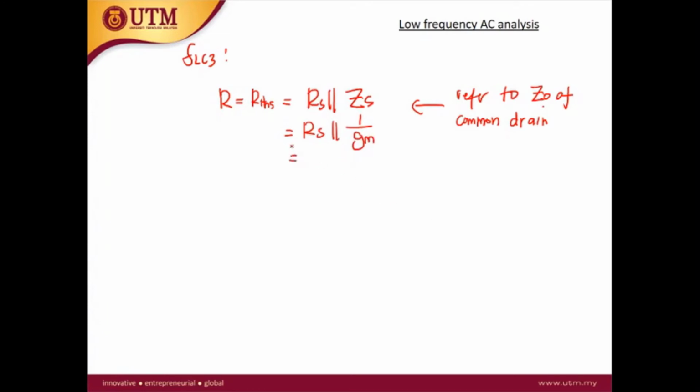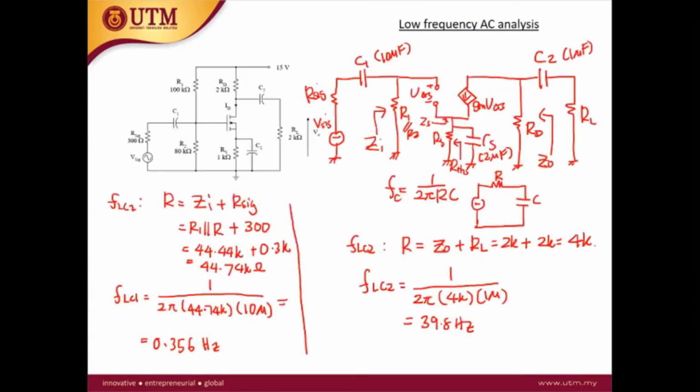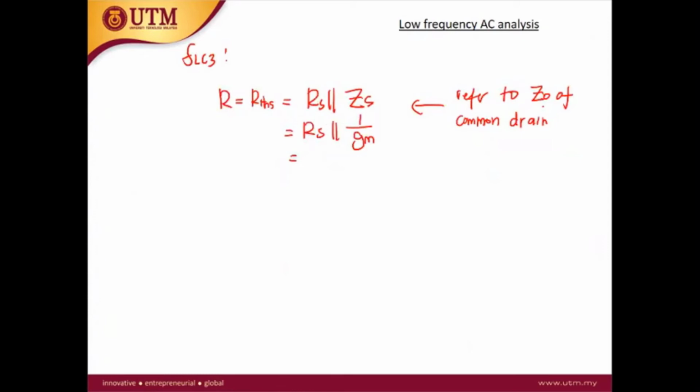So this RS is 1K and GM is 1 over 3.42 milli. So this is 1K parallel with 292.4, which gives you 226 ohm.